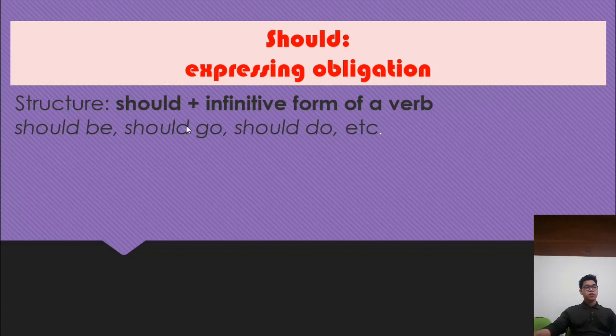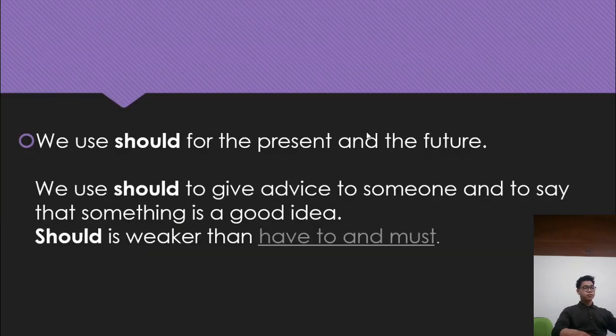The structure of should is should plus the infinitive form of a verb, which means just verb one. For example, be is an infinitive form of a verb. Go, do, take, buy, move, and so on.